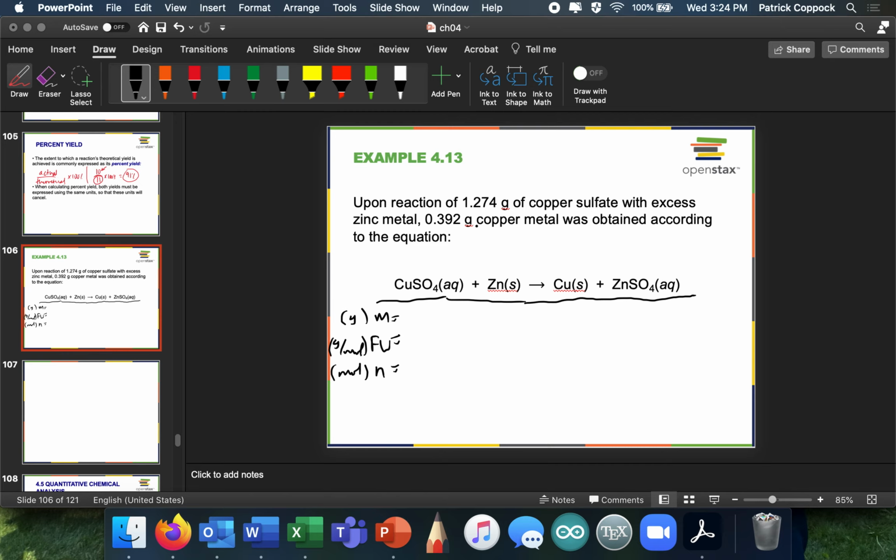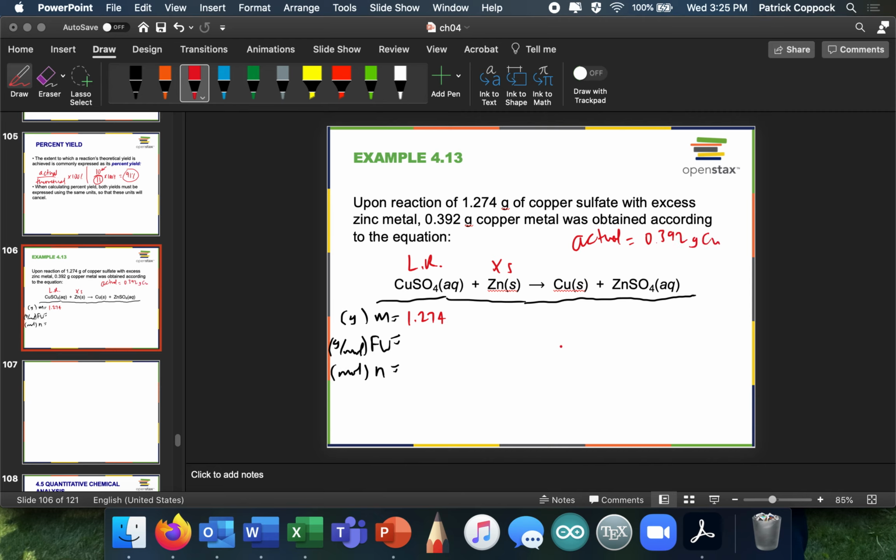So suppose that we took 1.274 grams of copper sulfate with excess zinc. So we have as much of that as we possibly could want. So in this case, this is the limiting reagent, right? And suppose that in the end, we actually only made 0.392 grams of copper, right?